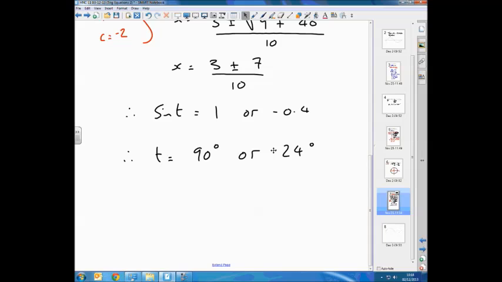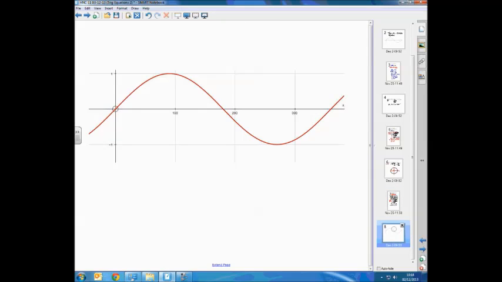So now again, we've got to put these values into the wave function and look for all the angles that will lie within our range of 0 and 360 degrees. So the 90 is this one here. That's the only one at the top there because the next one is beyond our range.